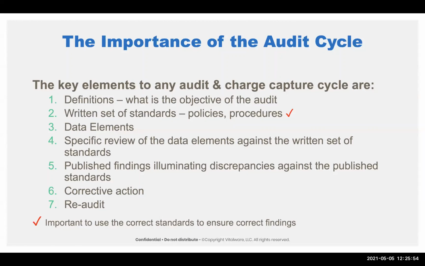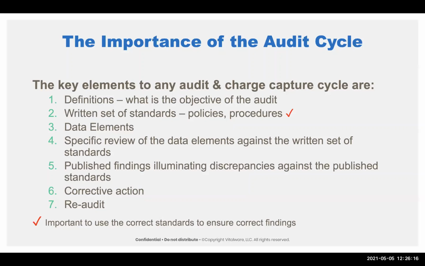Now when I look at 6 and 7, we are well known in the hospital revenue cycle for finding a fire, putting the fire out, and going back 6 months later and seeing that that issue is still smoldering. It's either gone back to the way it was, or people have reverted to a prior course of action, or whatever.